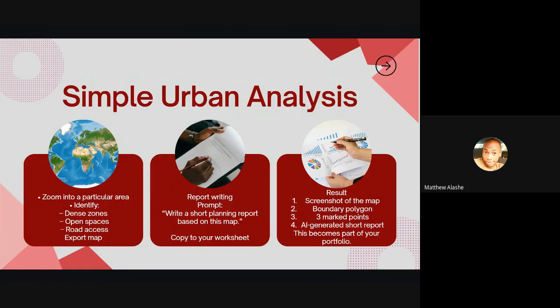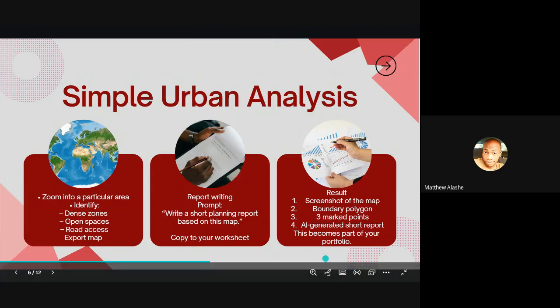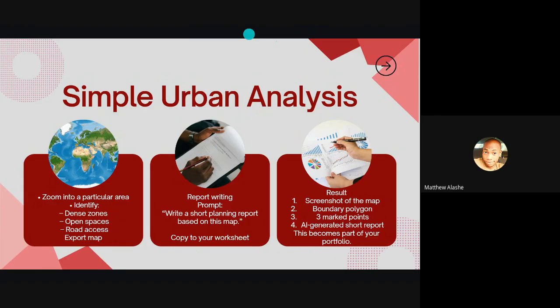All right. So let's start with a simple urban analysis, identifying areas and being able to tell or even label them. We're going to go back to QGIS and continue from there.